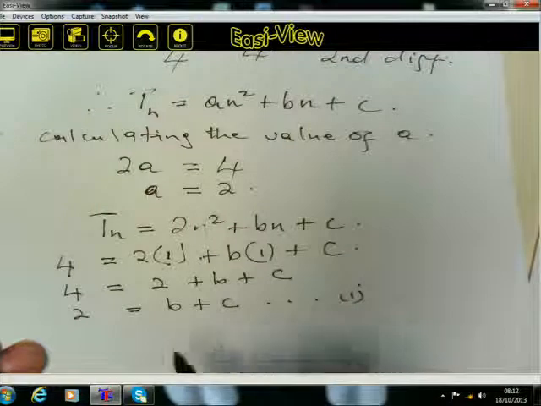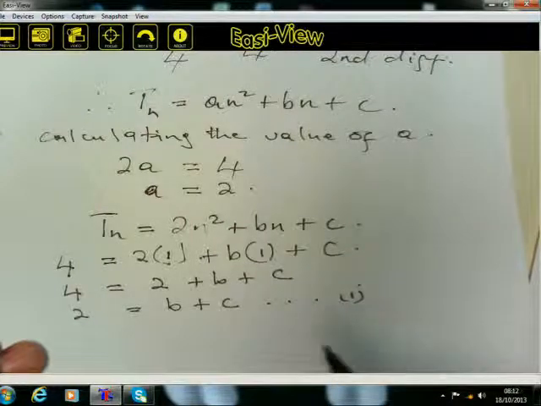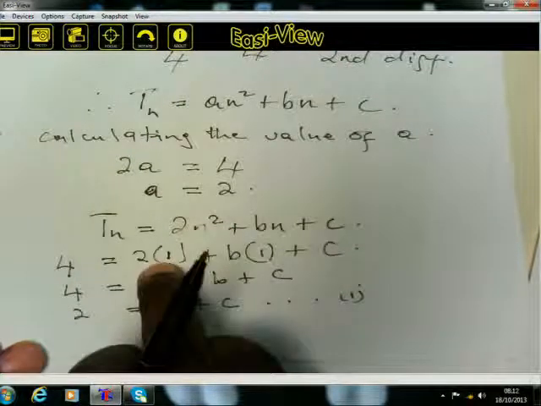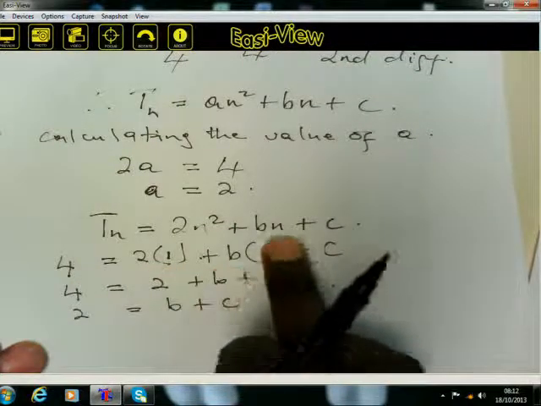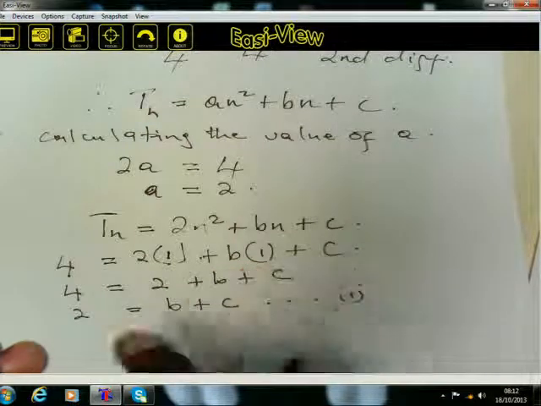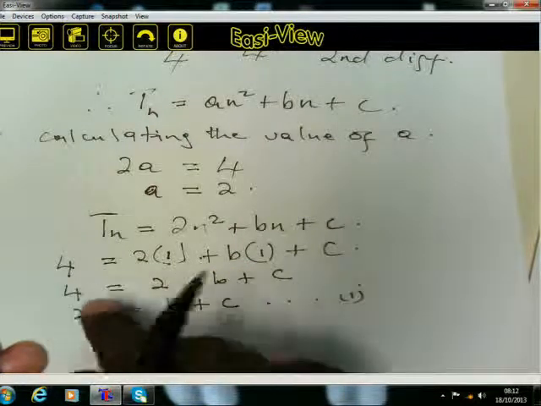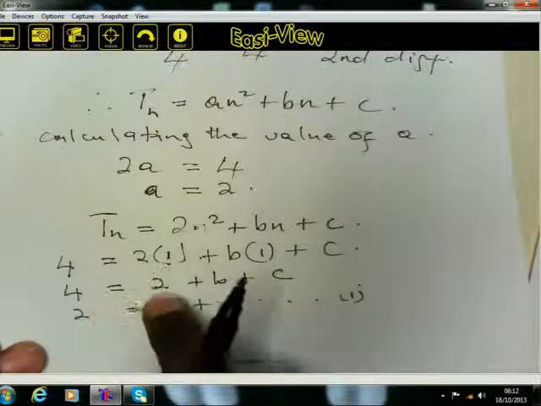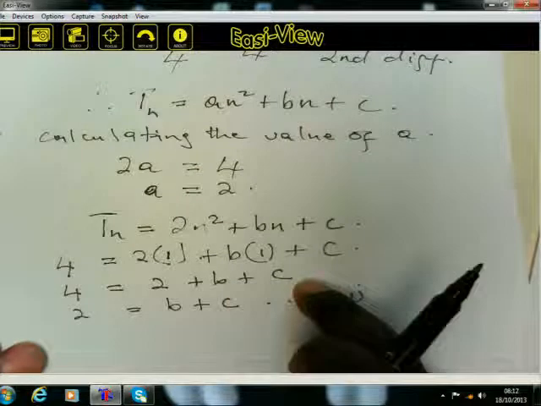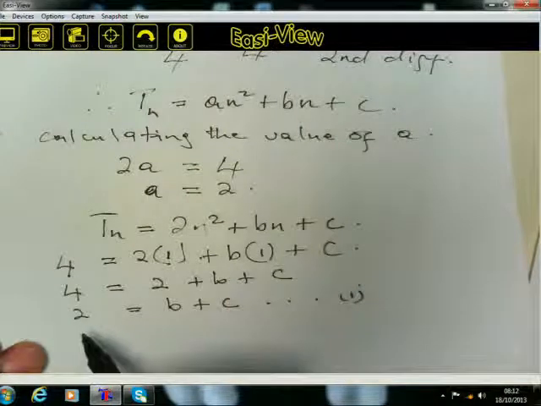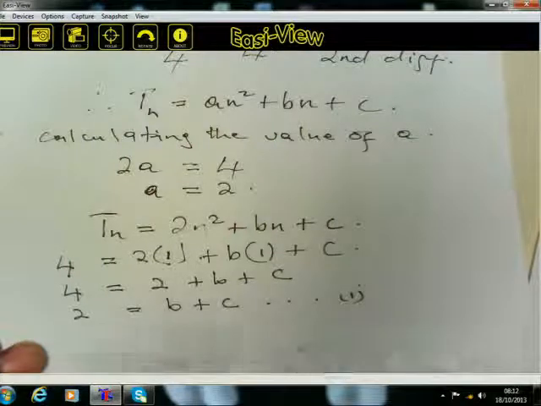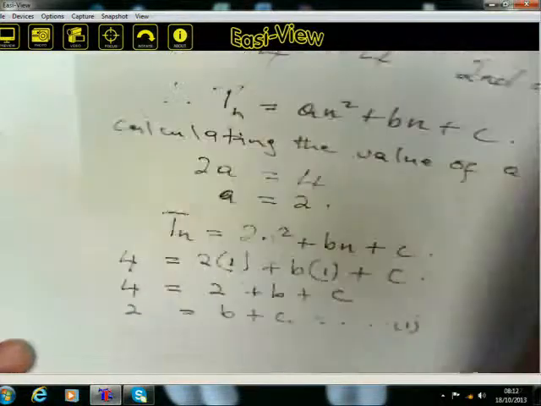In other words, we are able to solve for b and c. Remember, I used 4 as the first term, so n is going to be equal to 1. Where there is n, there is going to be 1. And ultimately, 4 minus 2 is equal to b plus c, so 2 is equal to b plus c. That is going to be our first equation.